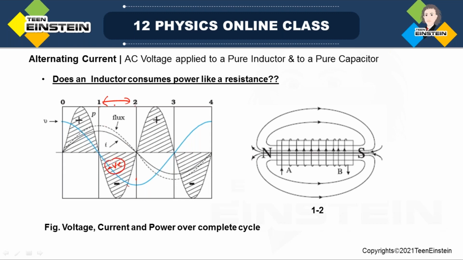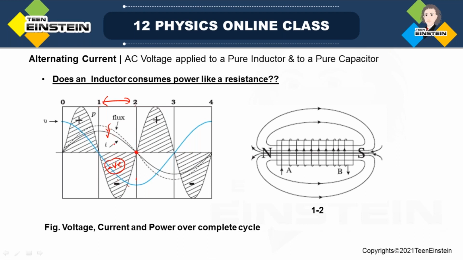In this quarter of the time period, your voltage is negative, whereas your current is still positive, but it is decreasing. Since it is decreasing, the flux also decreases, as you see the dashed line. And when the current becomes zero over here exactly, then the flux also becomes zero.